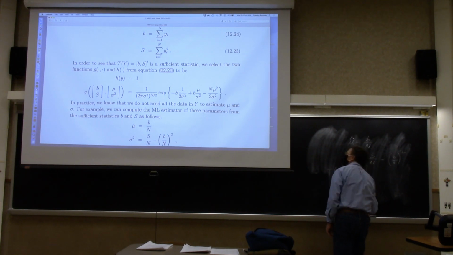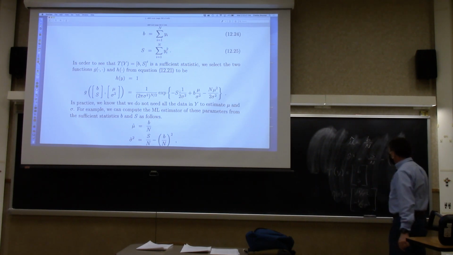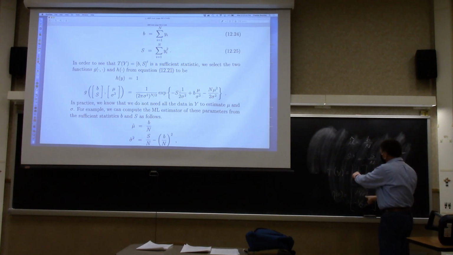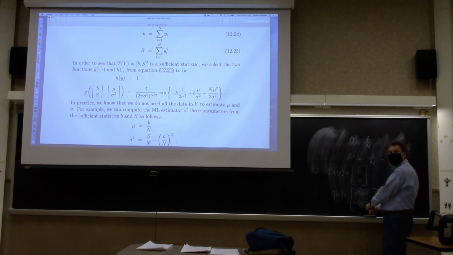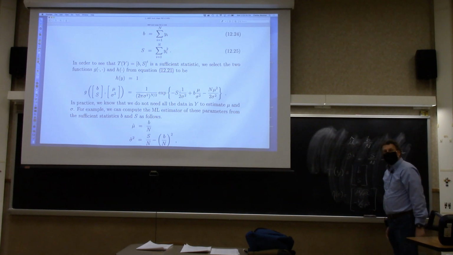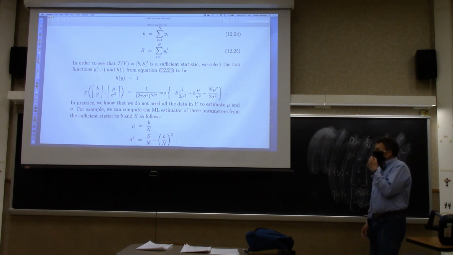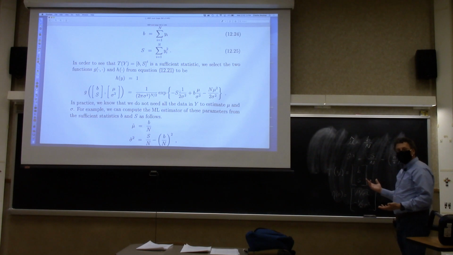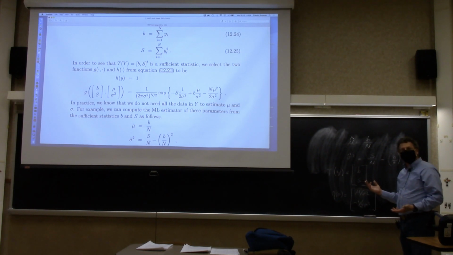So you multiply this by that. B gets multiplied by mu over sigma squared. And then S gets multiplied by minus 1 over 2 sigma squared. And then they get added, because that's what it means to take an inner product between two things. Is everyone clear on that? Do you have any questions about that?